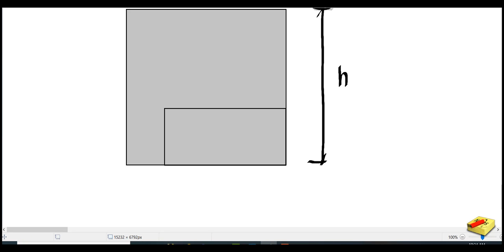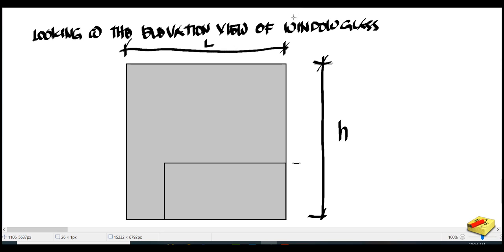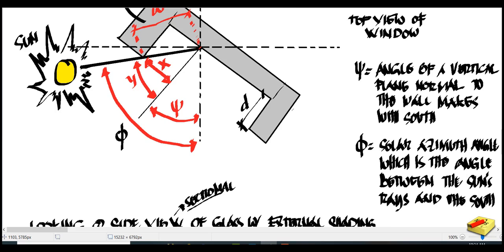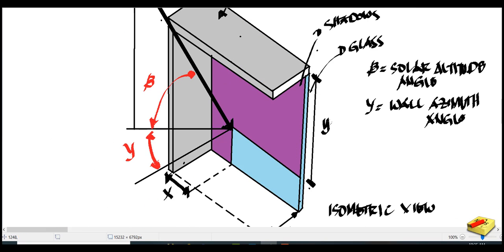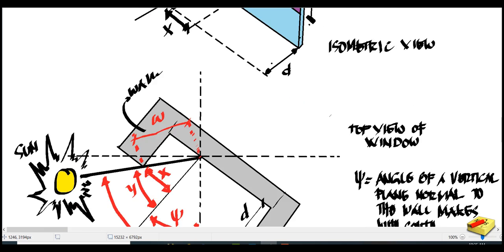This will become the projection of the sunlight area, which I'm going to name Y. Looking at the isometric view, you can see this is the Y, that portion.